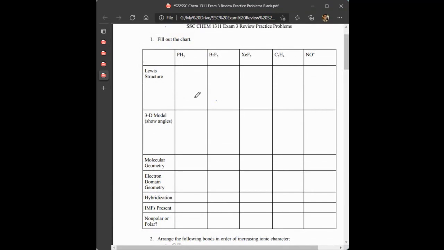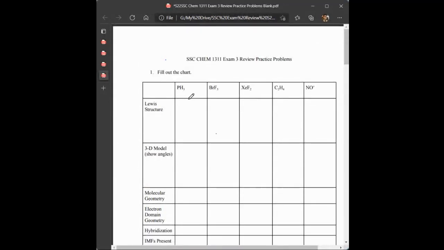right? So you want to count the electrons that you have to see how much you have to work with. So on this one, you have 5 plus 3, which is 8. And so the next step is you want to draw your skeleton, right?